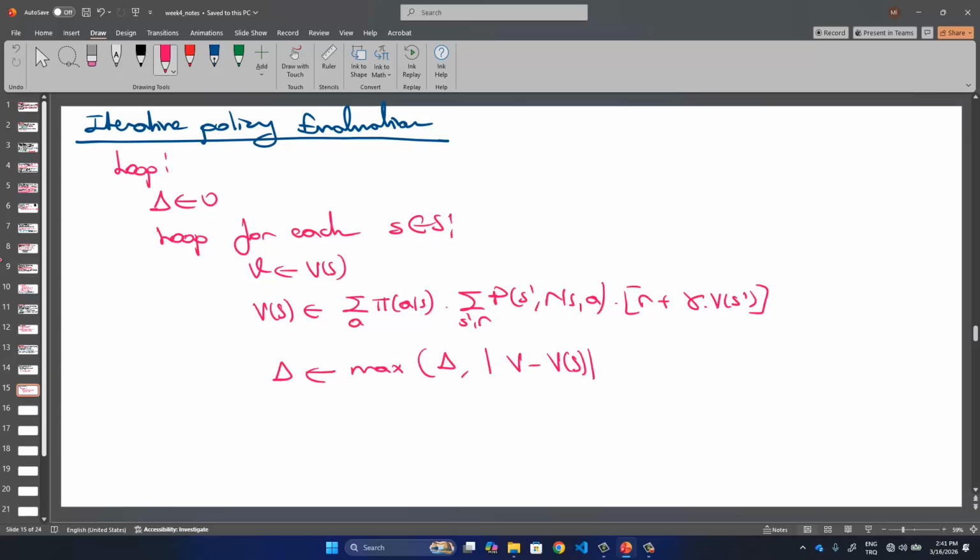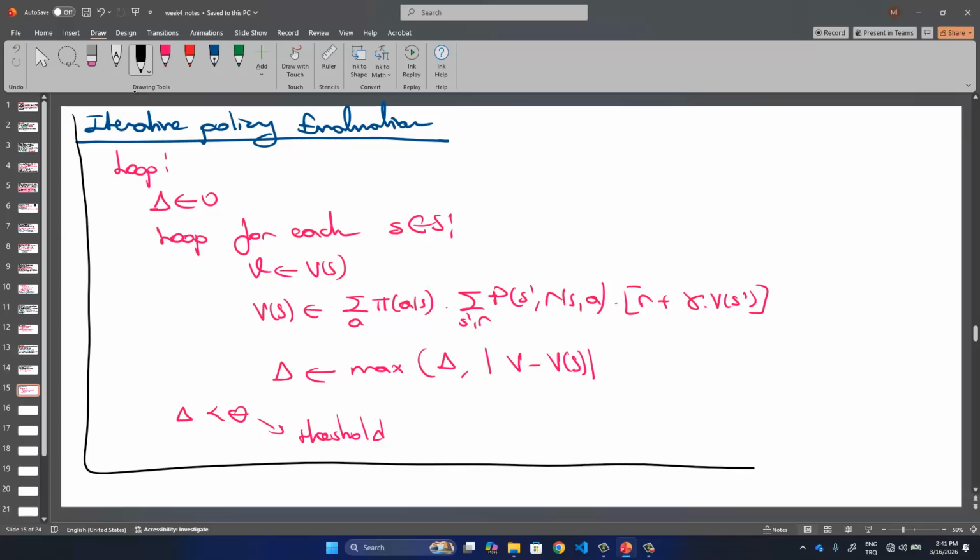So we repeat until delta is smaller than theta. This is our threshold. This is called the iterative policy evaluation, guys.